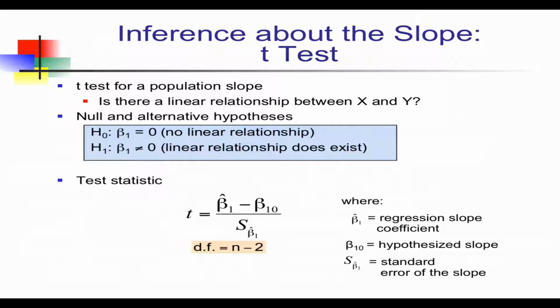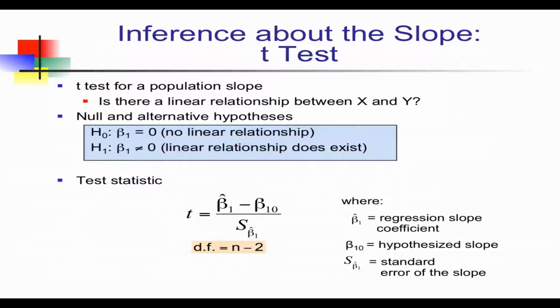The t statistic equals the estimated beta hat 1, minus the null hypothesis value of beta 1, over S of beta hat 1.